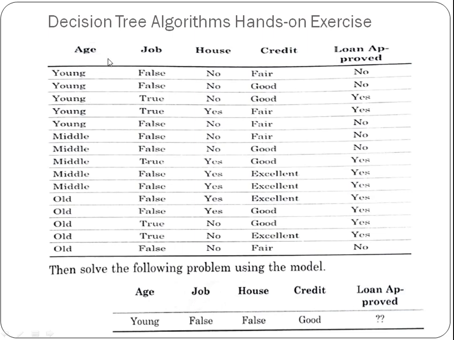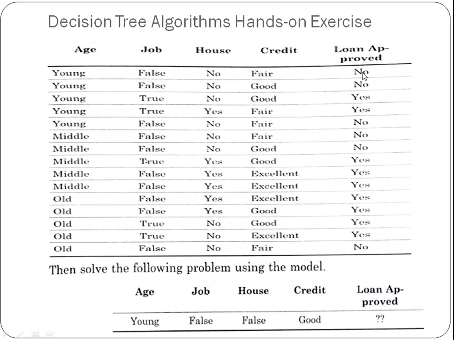First, we have attributes. You can start in any order, or you can start from the first attribute. We will take age, and we will identify a rule. For example, age young, no. That is the rule: if age is young, the loan approved is no. I will use that particular rule.